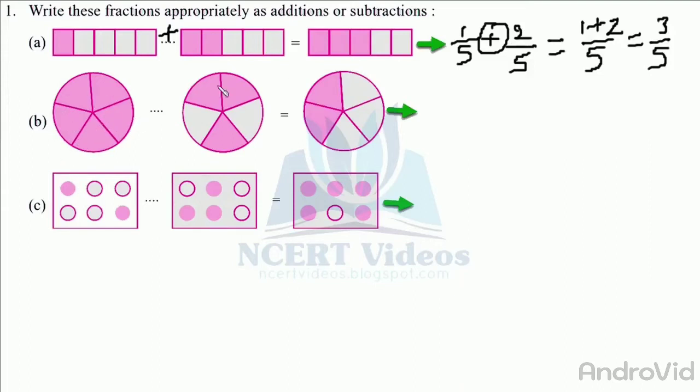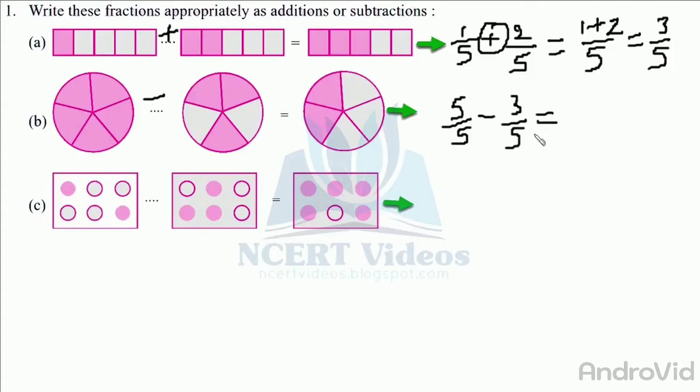In the second part, we have 5, that is, the complete circle is shaded, and in the second one 3 parts are shaded, and in the final only 2 are left. So it means subtraction. 5 parts minus 3 parts gives you 2 parts.